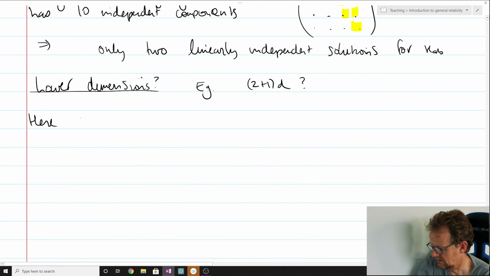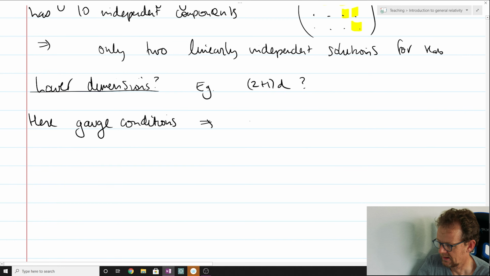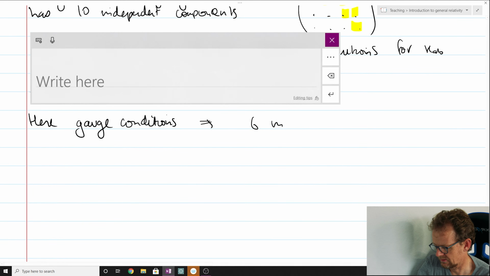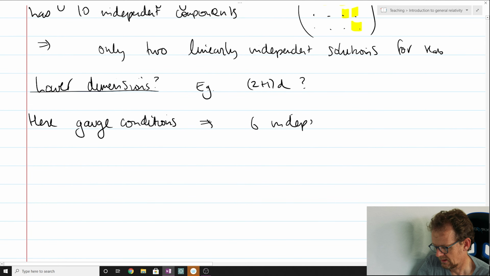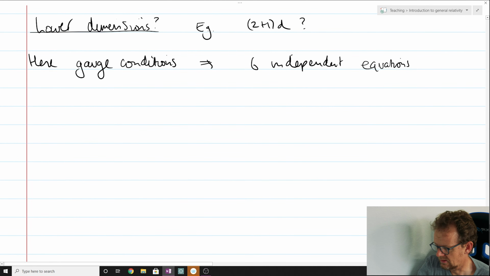Here, if you do the count, the gauge conditions imply 6 independent equations. If you go through exactly the same argument I gave above, you get 6 independent equations.